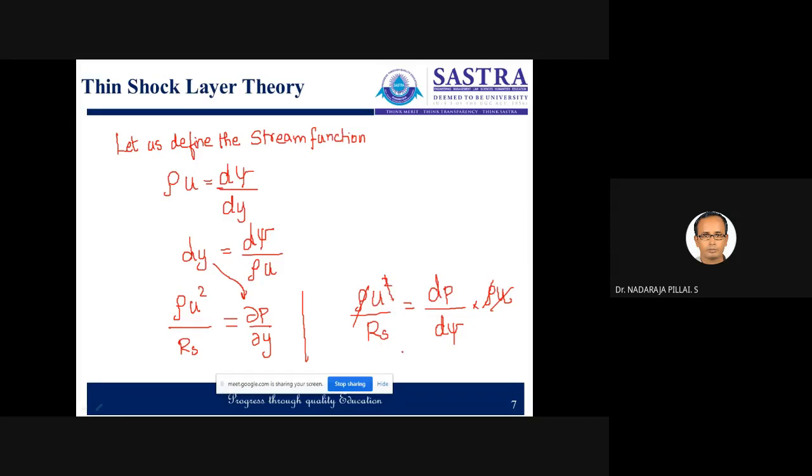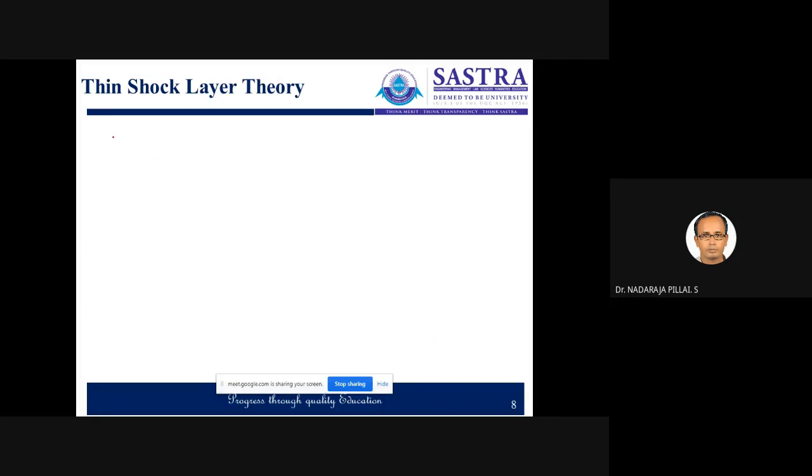Finally, we can write the equation dou p by dou y is equal to dou p by dou psi is equal to u by Rs. So dou p by dou psi can be equated to u by Rs, where Rs is the shock radius of curvature and u is the local velocity component in the x direction.